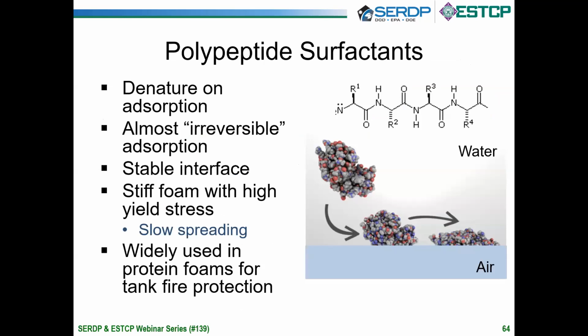When it reaches the interface, it rearranges its structure, which is called denaturing. All the hydrophobic parts are now in the air, and hydrophilic parts are in the water, and this is almost irreversible. This adsorption is so strong that once the protein is there, it really doesn't want to come off. So this gives us a very, very stable interface, which is very good for vapor suppression.